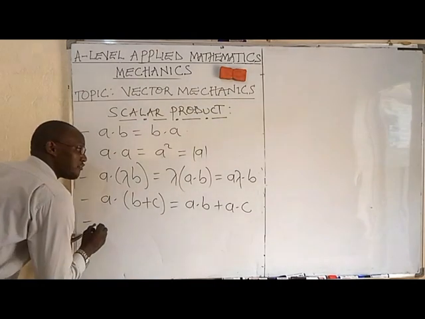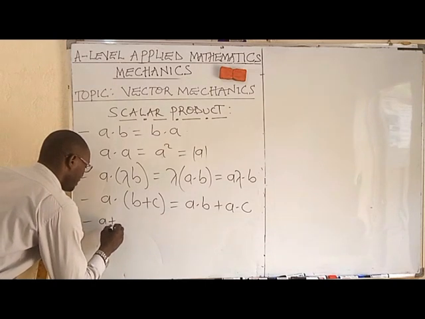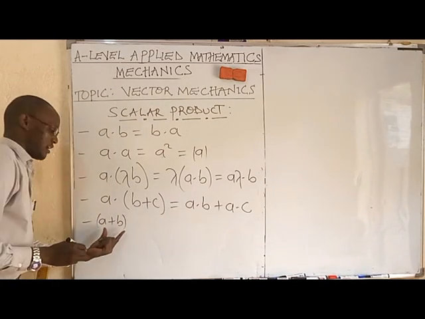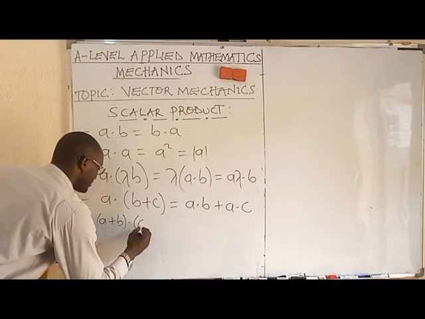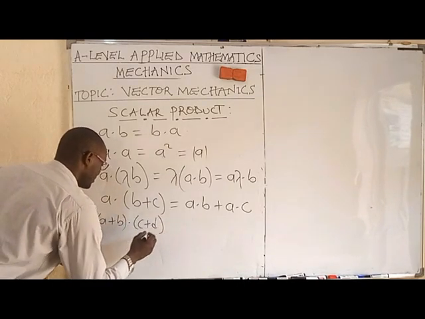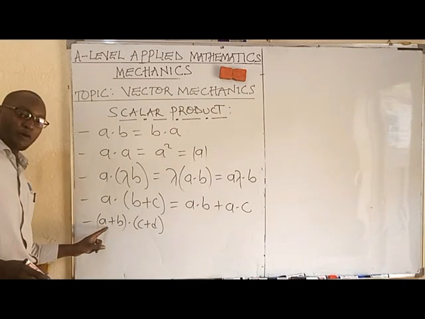Now, assuming you have A plus B, note this very well, and it is dotting with C plus D. How can we simplify this? It is like multiplication.